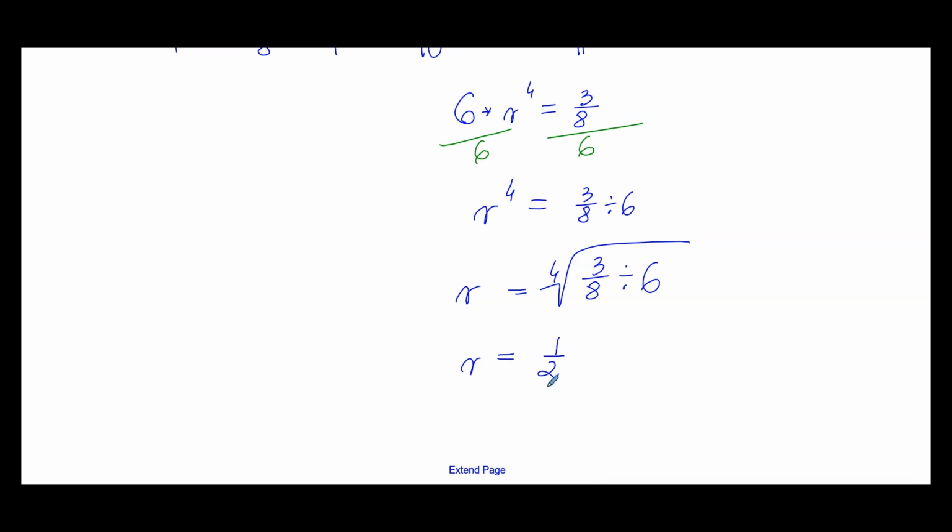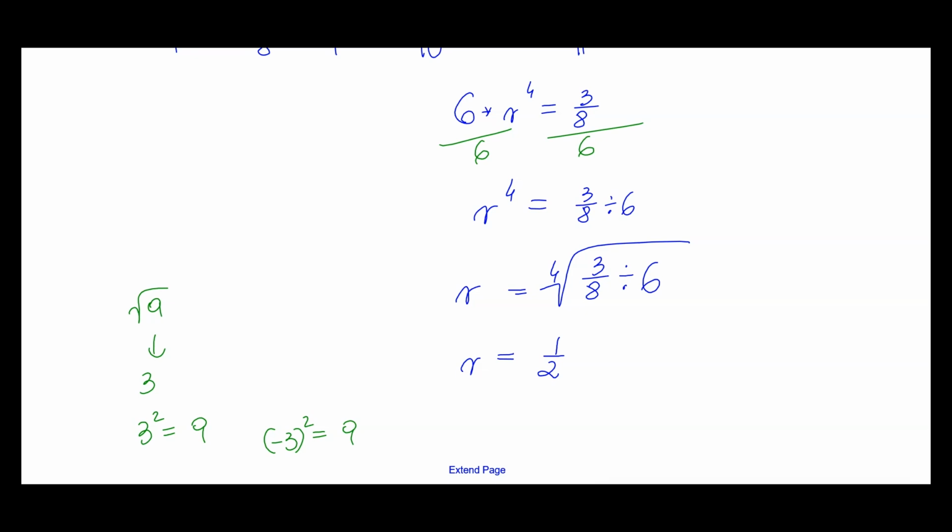Now, however, we needed to get two values. So don't forget, when it comes to roots, if I have the square root of 9, the value of that is 3, because 3 to the power of 2 gives me 9, isn't it? However, minus 3 to the power of 2 gives me 9 as well.